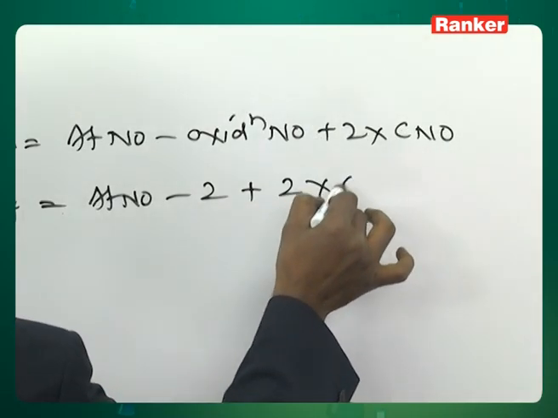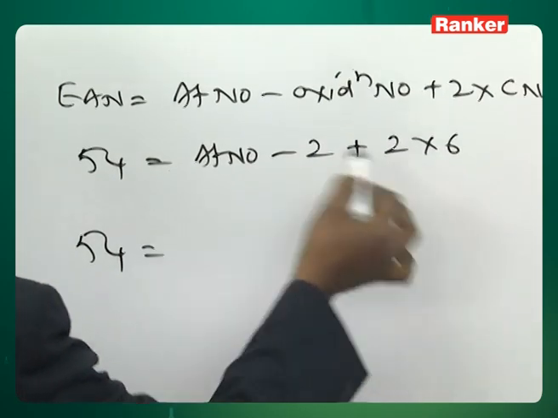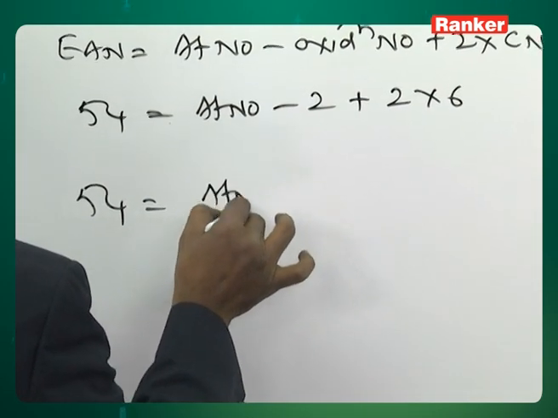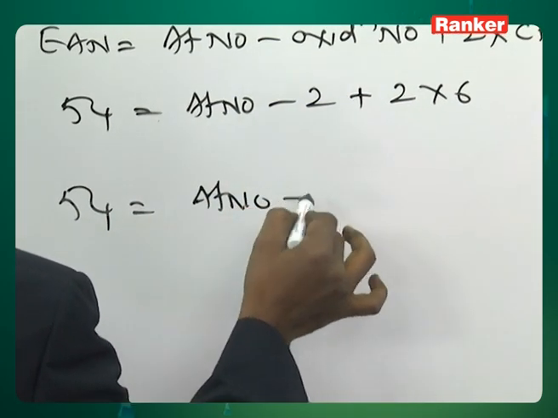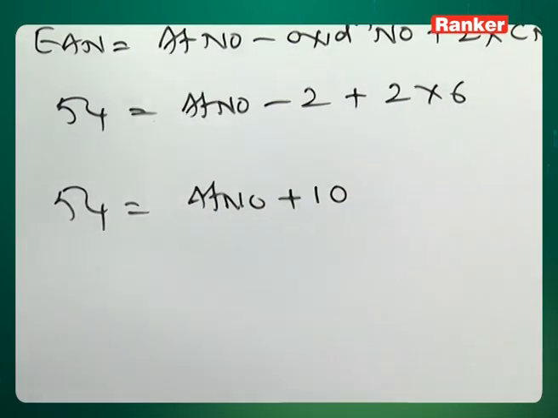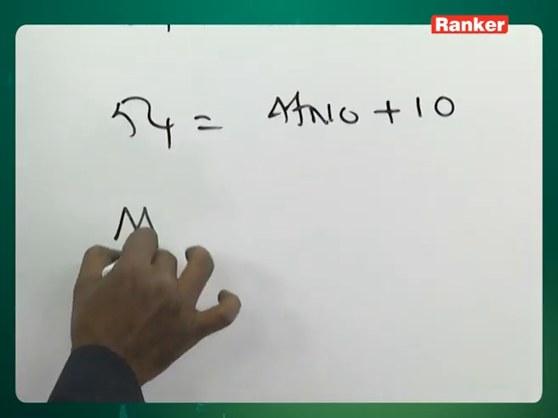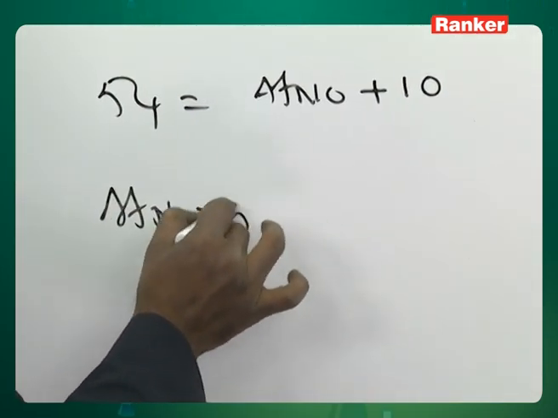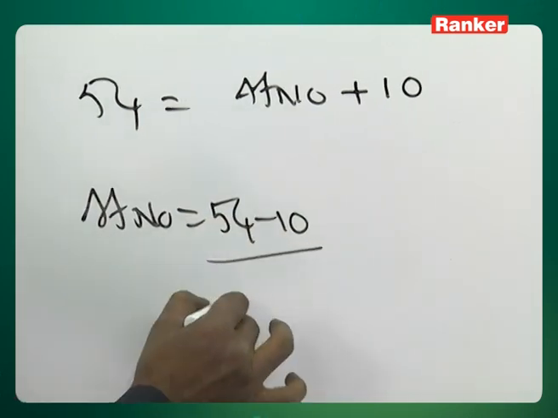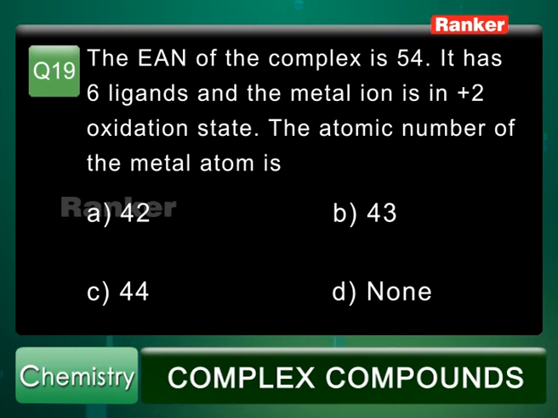So 54 equals atomic number minus 2 plus 12, which is atomic number plus 10. Then atomic number equals 54 minus 10, coming to be 44. The atomic number is 44. Here the answer is C.